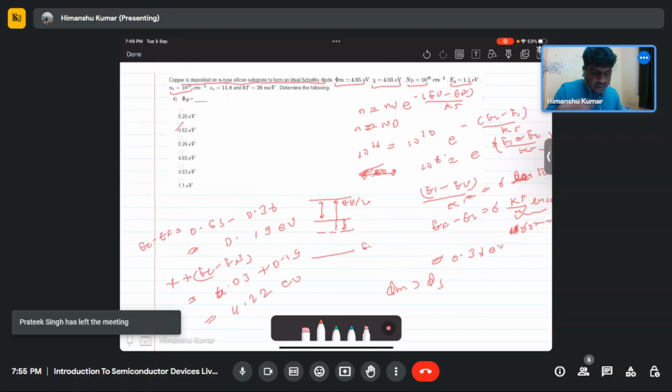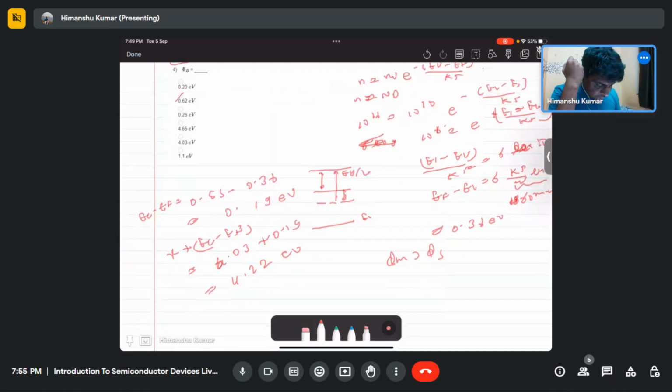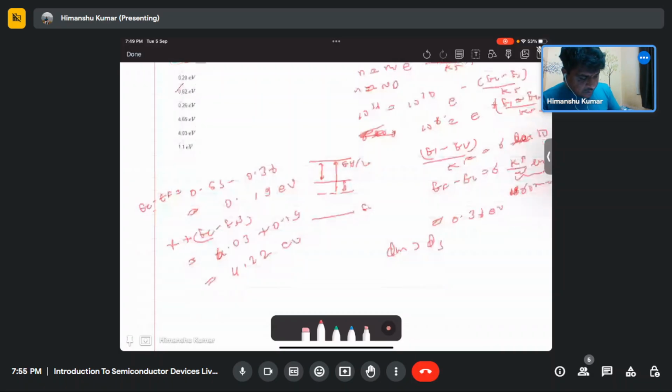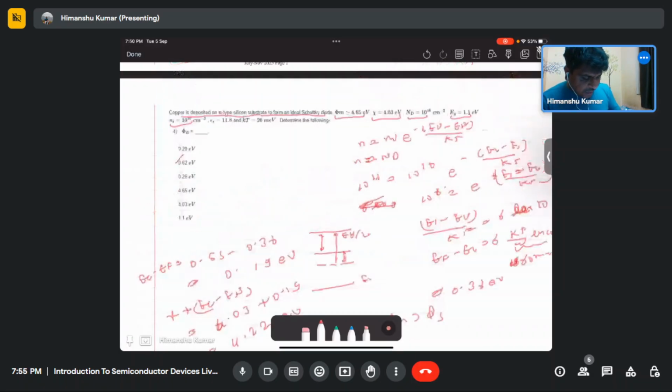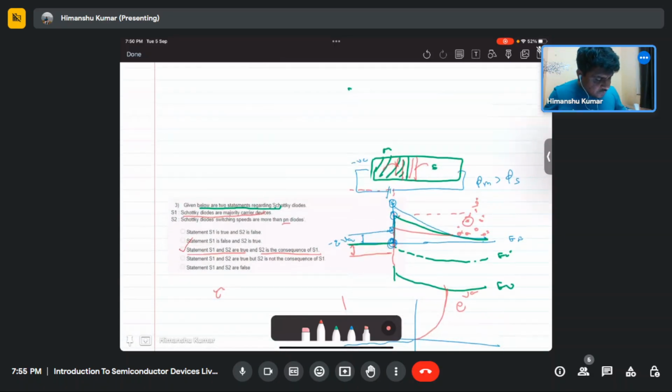The Schottky barrier height we can calculate as phi b equals phi m minus chi. In this band diagram, this height is basically the Schottky barrier height.